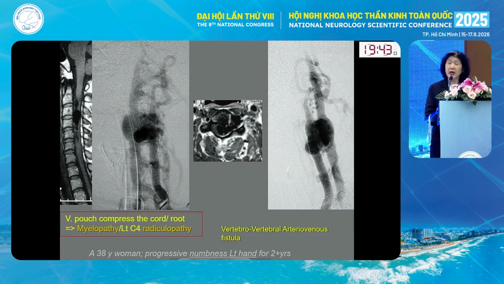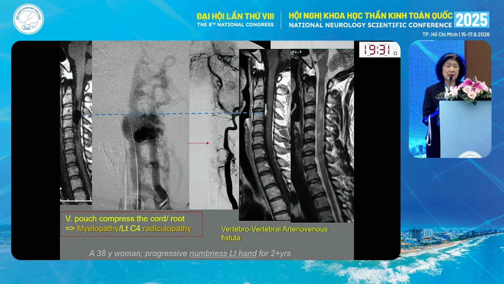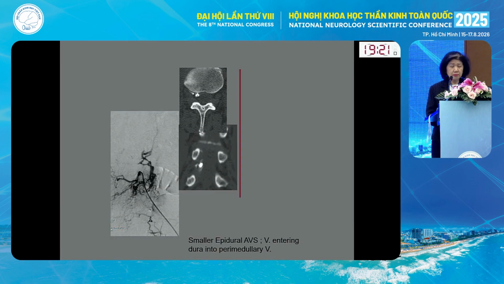If you know exactly where the shunt is, you just put in balloons or embolic material to stop the shunt, and the patient can regain normal neurological function later on. For example, this is a follow-up before and after. The pouch collapsed into a scar and never came back again.